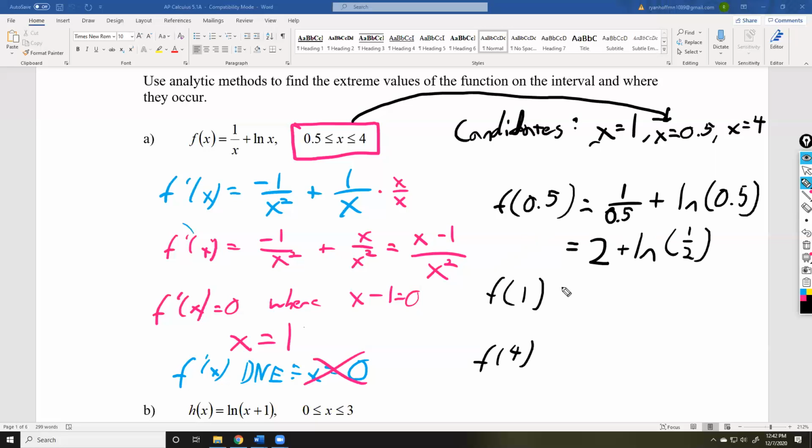So we'll come back to that one. f of 1 is going to be 1 over 1 plus the natural log of 1. And we've already said that natural log of 1 is 0, so this is just 1. f of 4 is going to be 1 over 4 plus the natural log of 4.